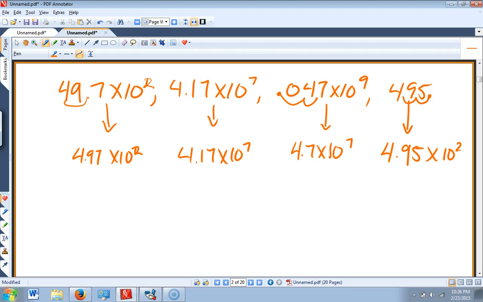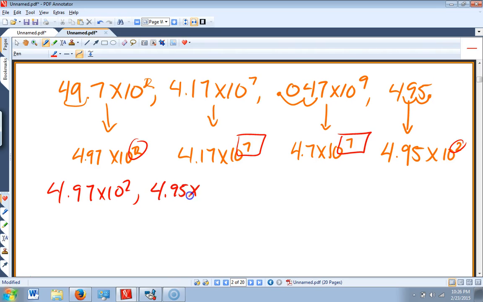All right, so now we can really do a heck of a job putting these in order, okay? So our 2's are smaller than our 7's. So we're going to put those on this side first. Okay, and then put the other ones that we have. All right, but now we need to compare our individual numbers.